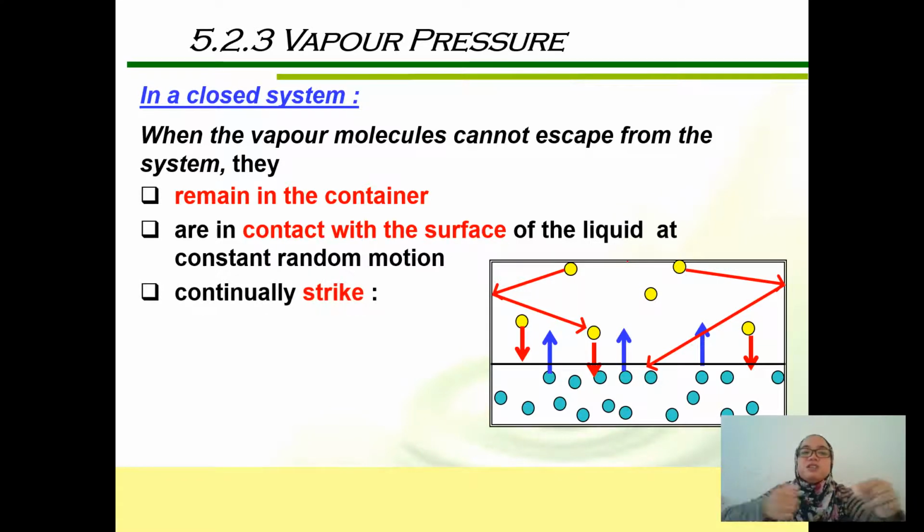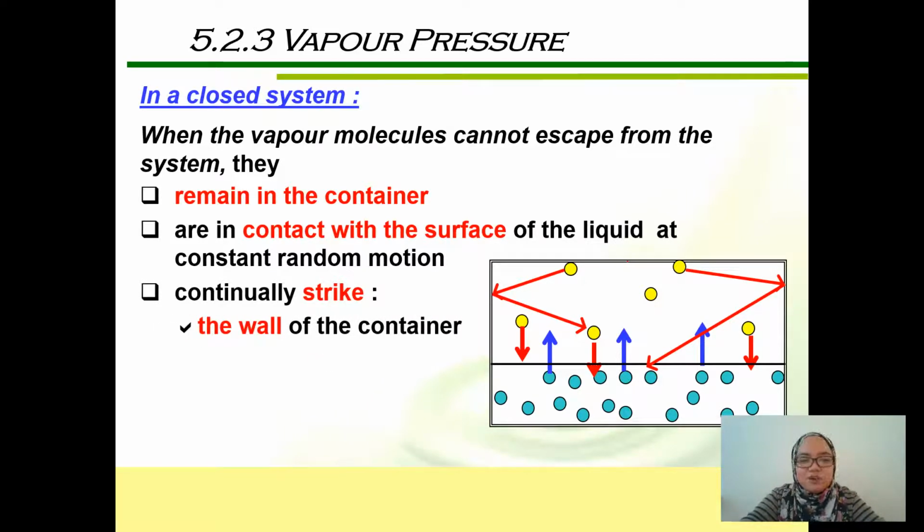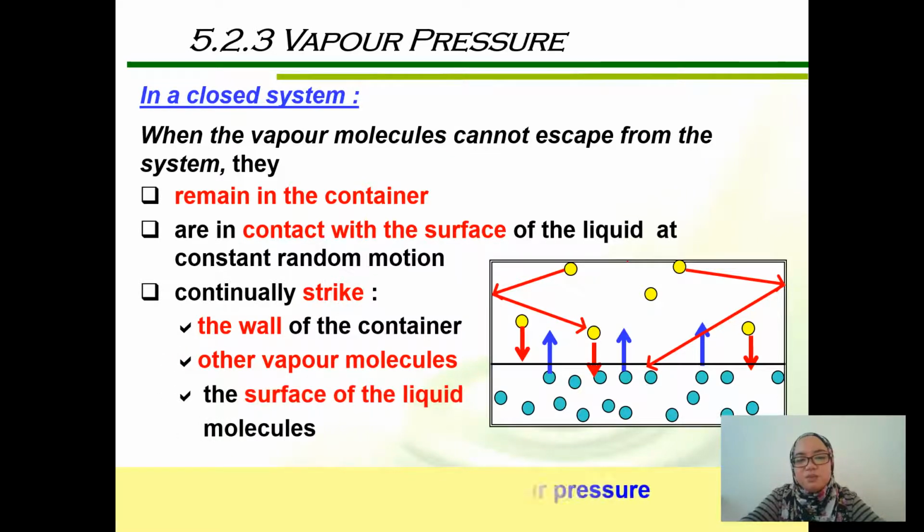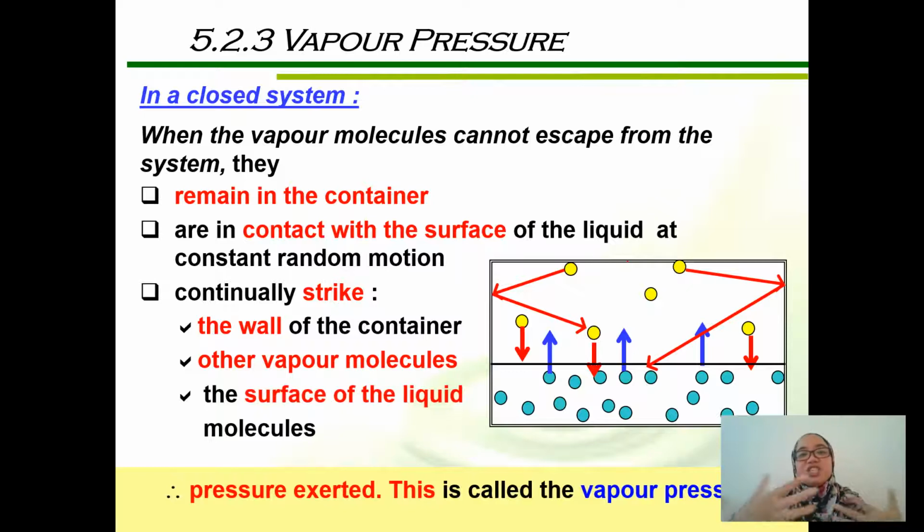So, when they continually strike, okay, the wall of the container and the other vapor molecules and the surface of the liquid molecules, ada pressure exerted. So the continuous strike of the vapor molecules with the wall of the container, with the other vapor molecules and with the surface of the liquid molecules will exert a pressure, and this is what we call a vapor pressure. Okay, so this only happens in the closed system.